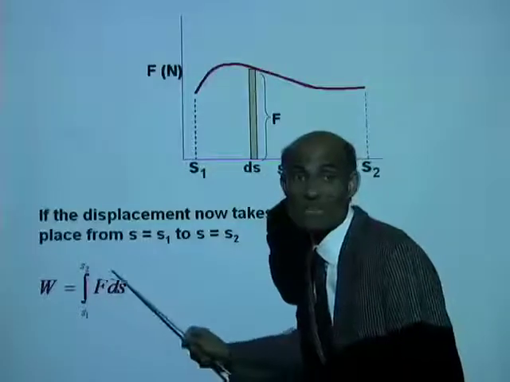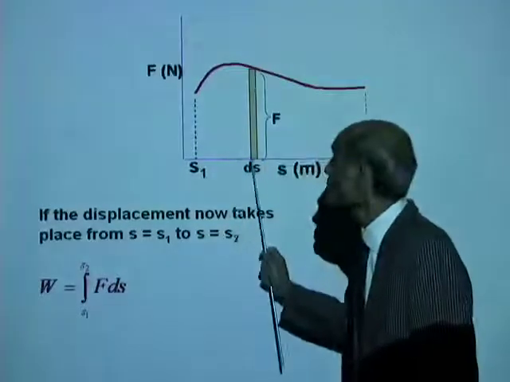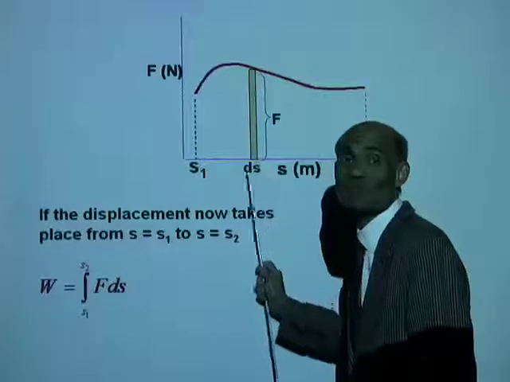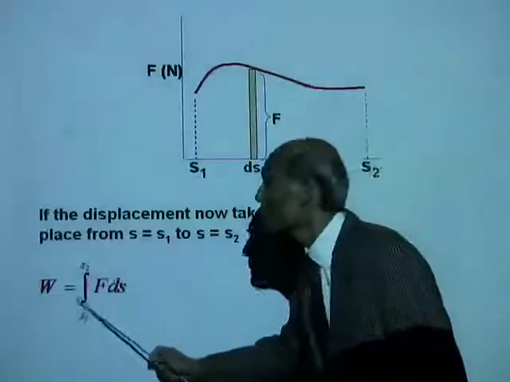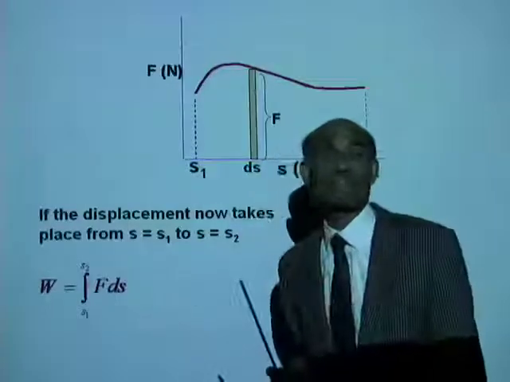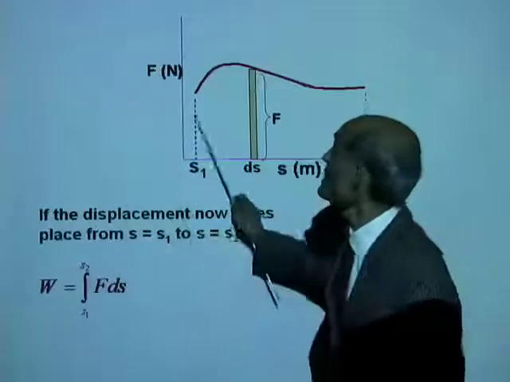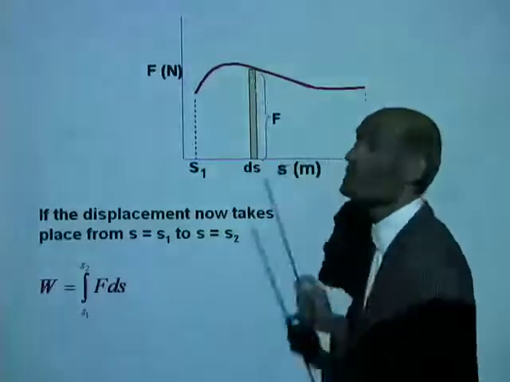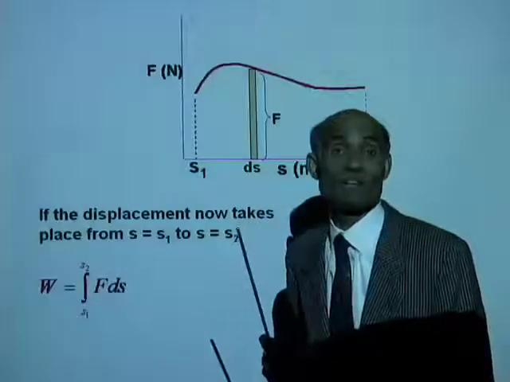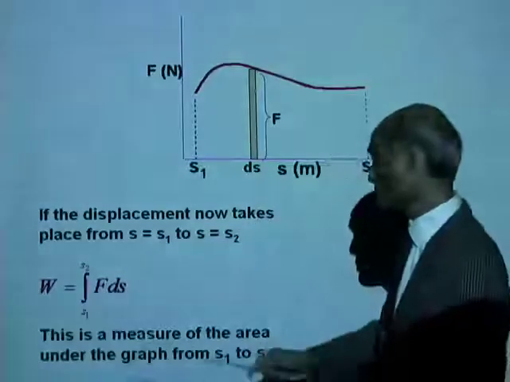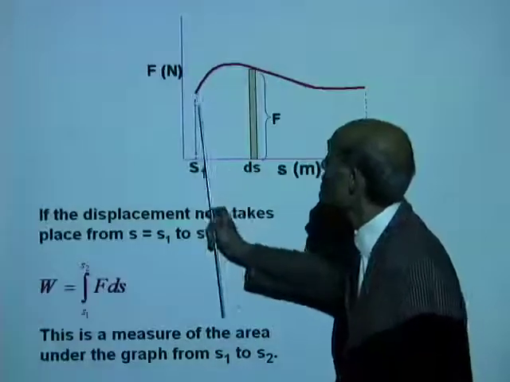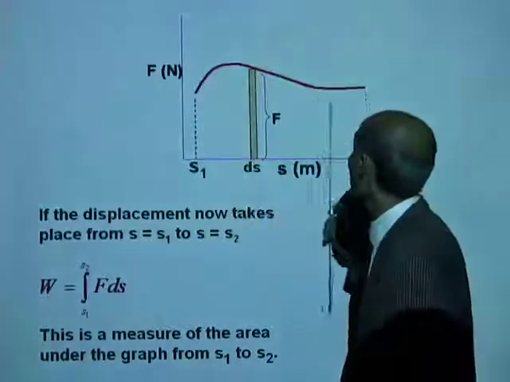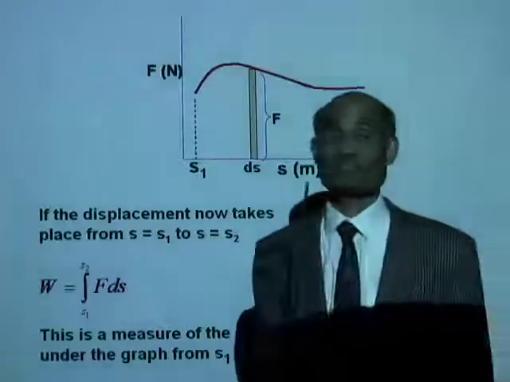Isn't this our dW, the work done during that small interval? So add up all such dWs, that is a measure of the integral. And of course the integral represents the area under the graph, measured from S1 to S2.